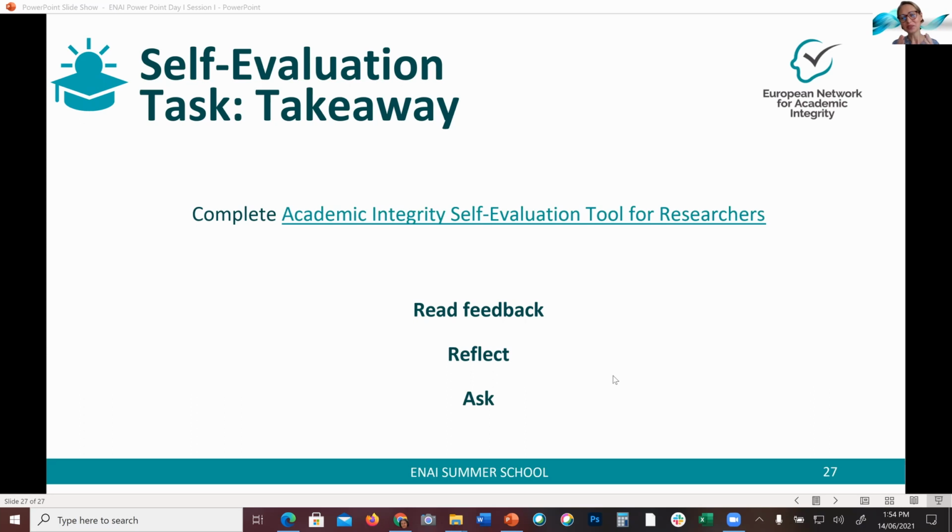So do the tool, read the feedback, reflect on it, write down questions which you got doing the tool and reading the feedback, and keep them in mind throughout the rest of the week. As you saw, you will have different topics every day, and you can ask your questions to the lecturers who are talking about that specific topic.